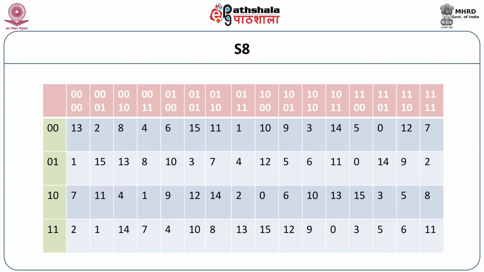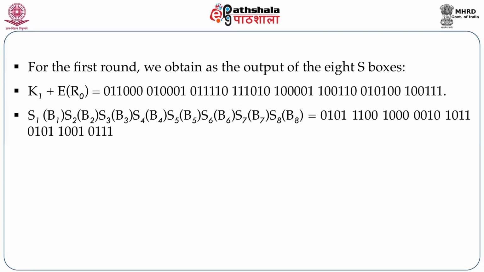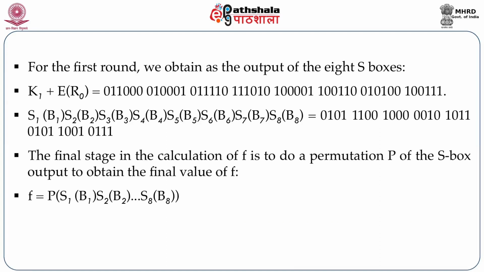Now, what we observed for the first round is that we obtained the output of the 8 S boxes, and the final stage in the calculation of F is to do a permutation P of the S box output to obtain the final value of F. So whatever is the output of the S boxes, we need to again perform the permutation.